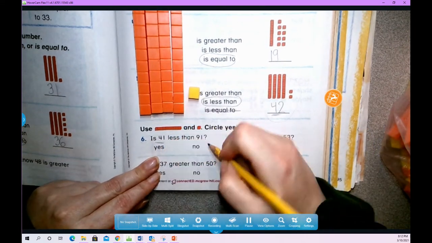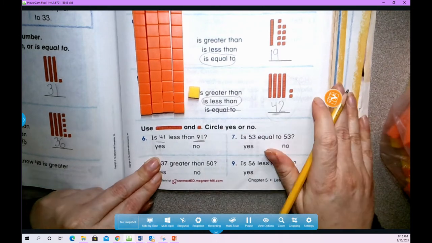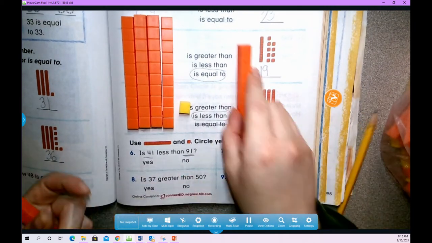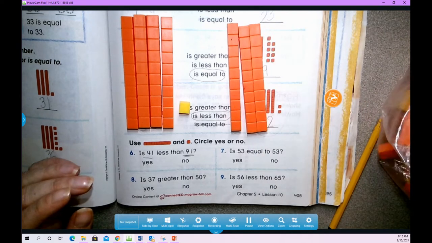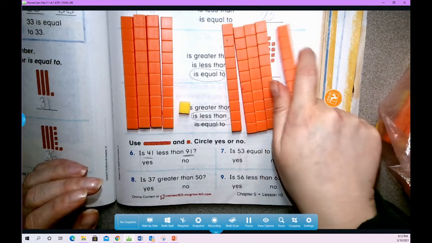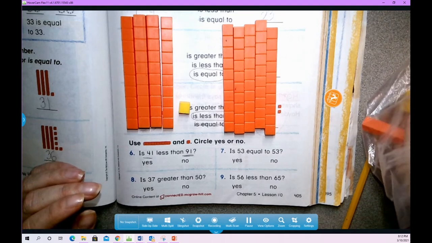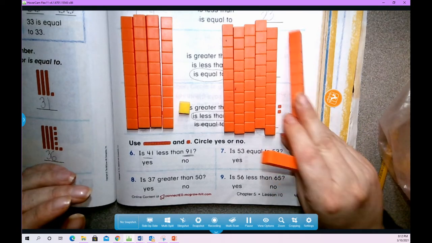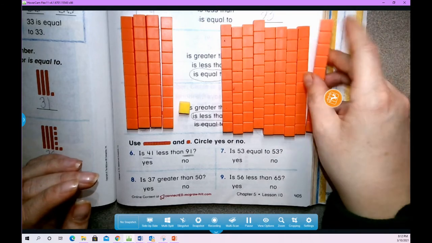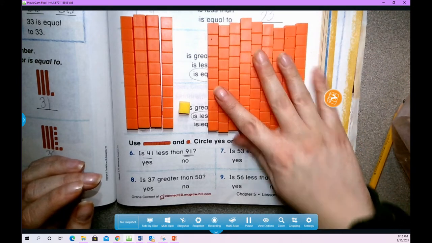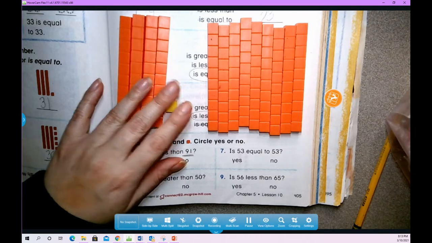Okay, and then I'm going to build the number 91. 10, 20, 30, 40, 50, 60, 70, 80, 90, 91.